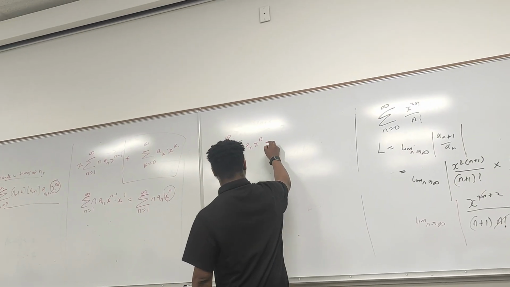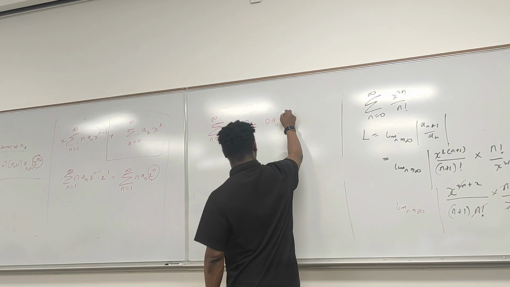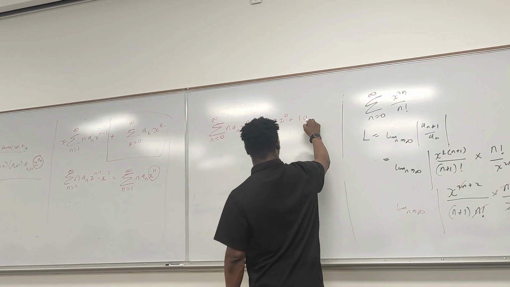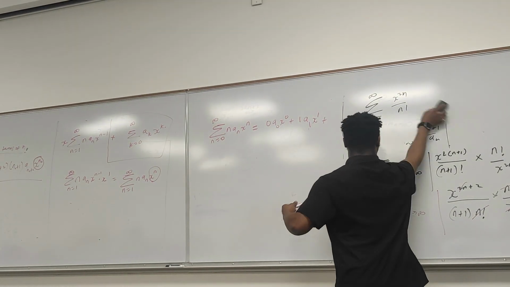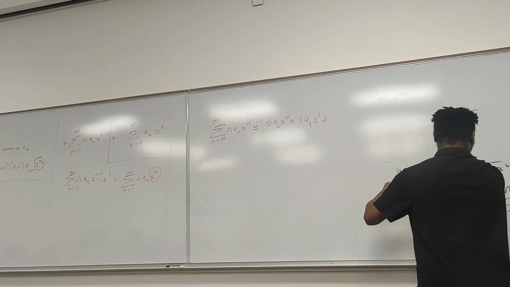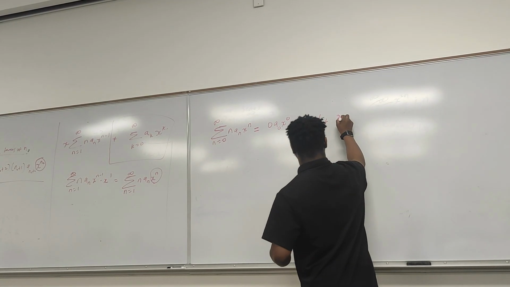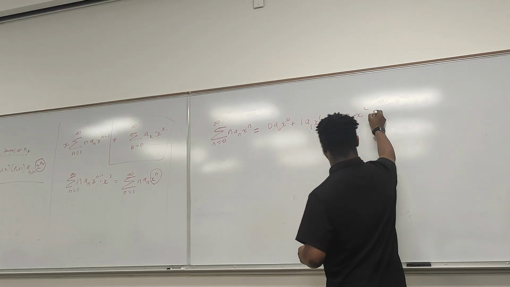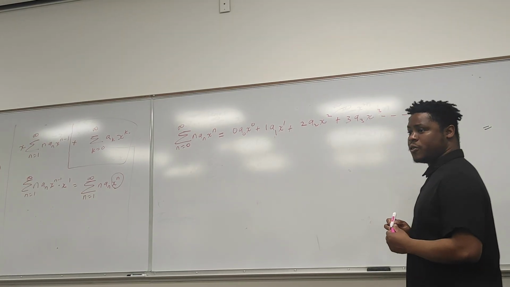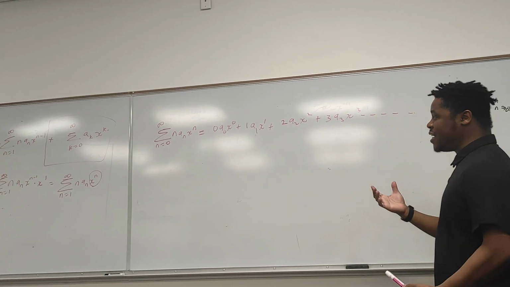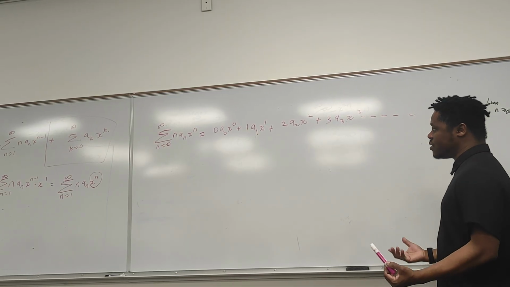It means n is 0, a_0 x to the power 0, plus n is 1, a_1 x to the power 1, plus when n is 2, a_2 x to the power 2, plus n is 3, a_3 x to the power 3. Do you agree with me? That's what it means, right? Because it means n is 0, n is 1, n is 2, n is 3. That is what it means, right?